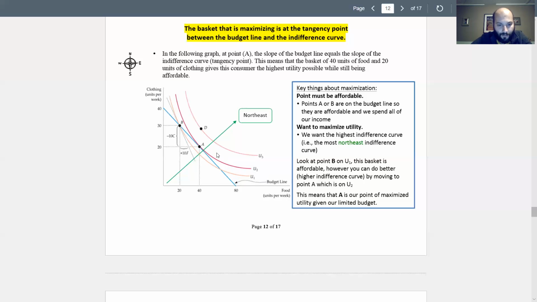We could get to U2, which is better for us, by substituting over here to A. Likewise, anywhere down here, here's another point of intersection, but that's not going to be optimal because U2 is on a higher indifference curve. So among all of the points on this budget constraint that we could be purchasing, A, the point of tangency with the indifference curve, is the optimal.